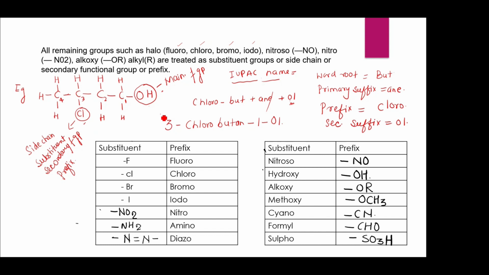So this is the IUPAC name of this compound: 3-chlorobutan-1-ol. So this is how we have to see it: if two or more functional groups are there, then according to the preference you have to name the compound.